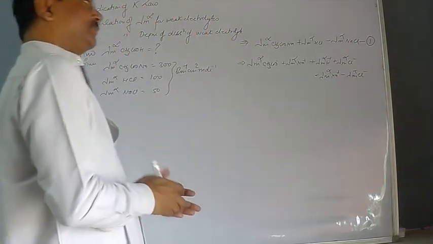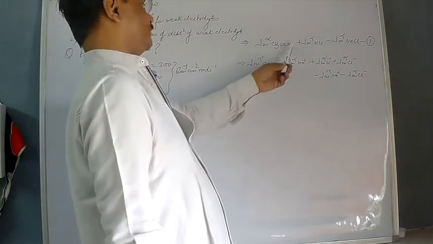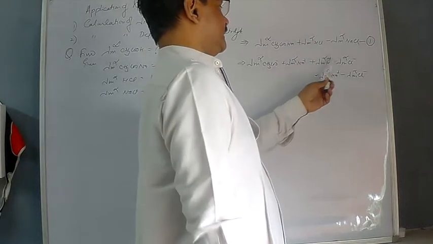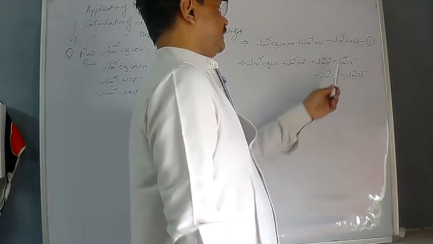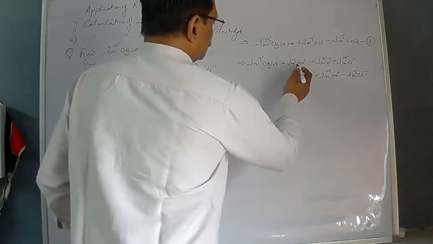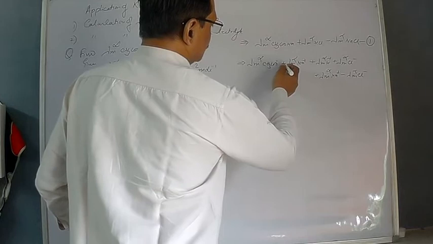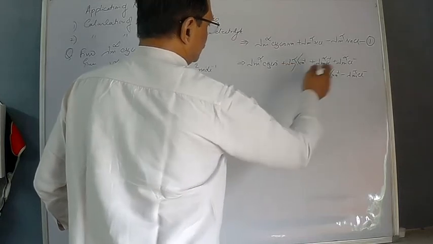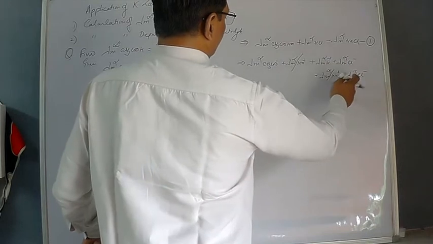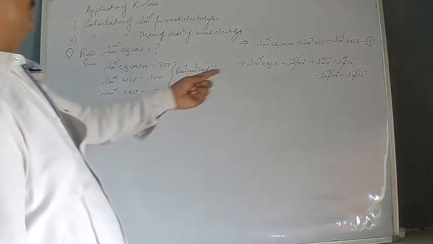What have we done in the next step? We have just dissociated all these strong electrolytes. See, sodium acetate gives acetate ion plus Na plus ion, HCl gives H plus ion and chloride ion, NaCl gives Na plus ion and chloride ion. Here Na plus ion is positive, here it is negative, so they get cancelled. Then lambda m chloride ion positive and lambda m chloride ion negative also get cancelled. So class, what am I left with?